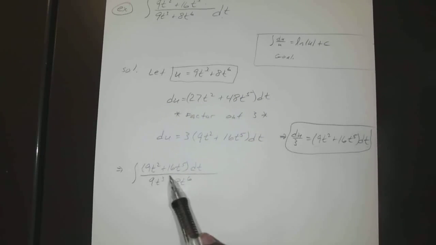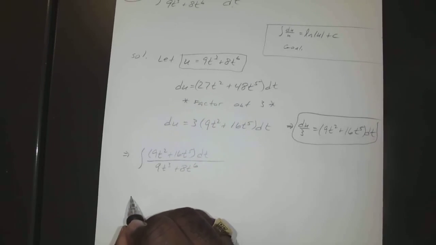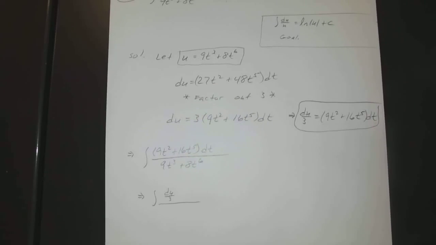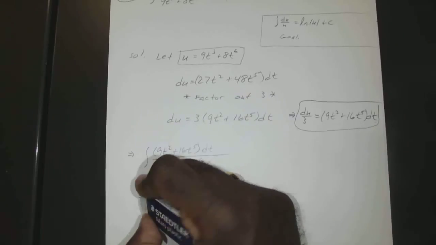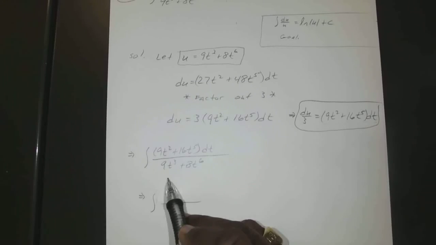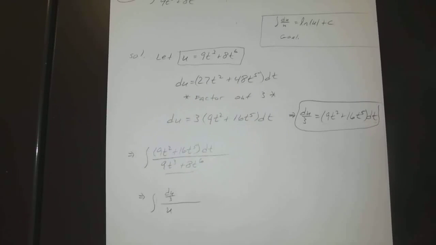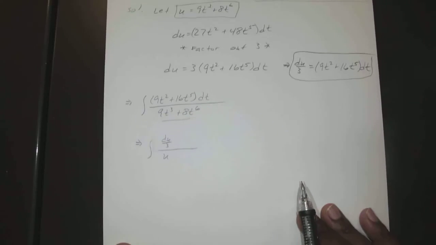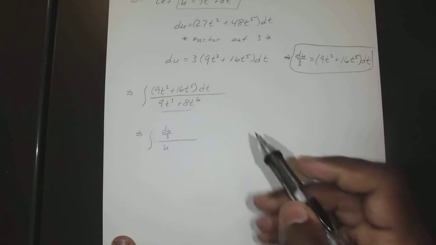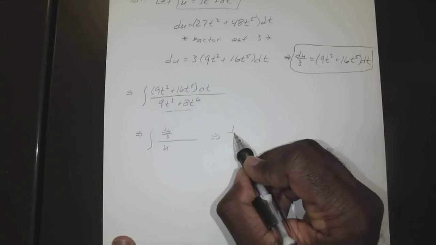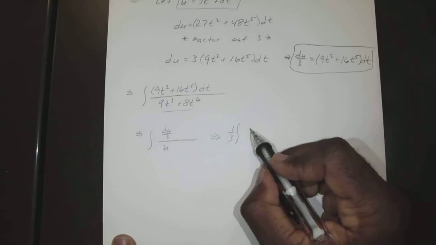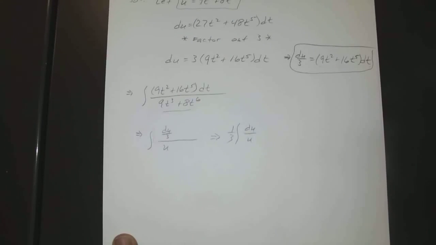Okay, so this would just become our du over 3, over that, which is just our u. So really this is just 1/3 times du, so we can bring our 1/3 out. I skipped that part. I factored the 1/3 out, and that's how I got the 1/3 in the front. Yeah, you could have just done that. Which is our du over u.